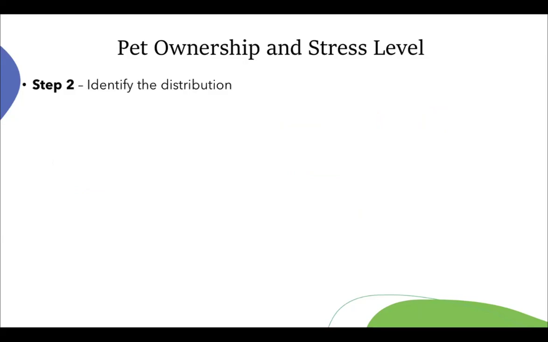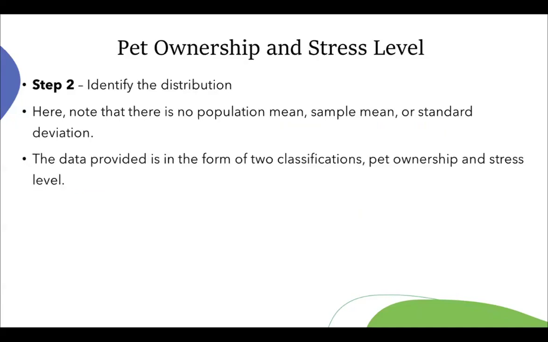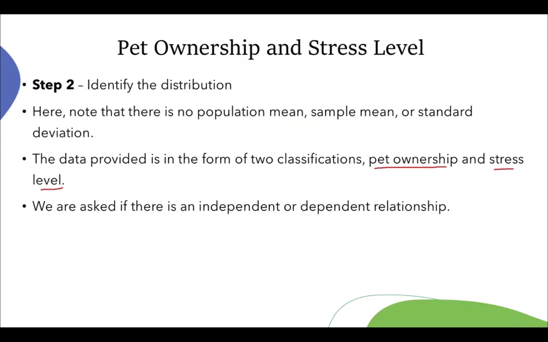Okay, let's go on to identify the distribution. No population mean, no sample mean, no standard deviation of any kind. We have two classifications being provided, pet ownership and stress level. We're asked about there being a dependent or independent relationship.